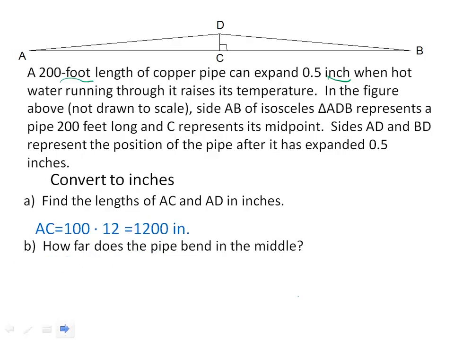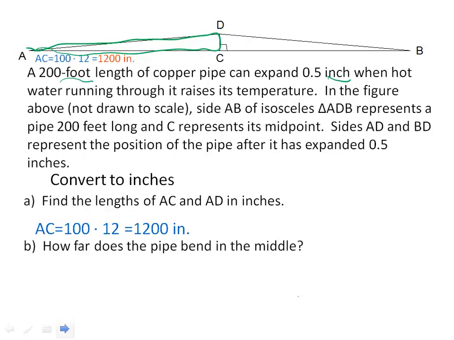Why am I using 100 here? Because I only want to deal with this right triangle, and so I'm dealing with half the full length, which was 200 feet. C is the midpoint. So 100 feet. So 100 times 12 is 1200 inches. So now we know that that's 1200 inches.